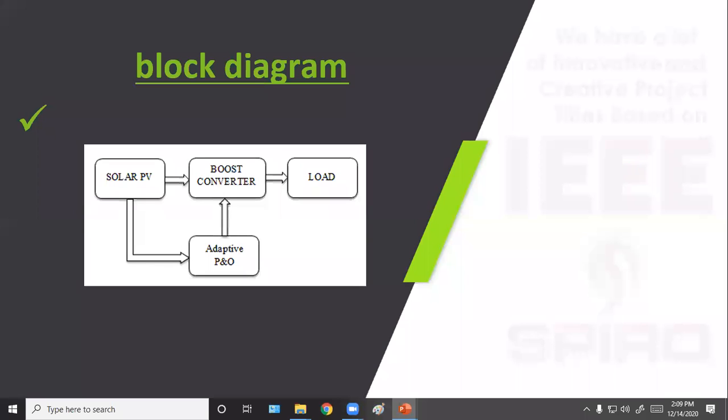This is the proposed block diagram. The output voltage coming from the solar PV is given to the boost converter. The boost converter boosts the voltage and gives it to the load. The PV voltage and PV current from the solar panel are given to our proposed adaptive P&O technique, which forms the duty cycle.